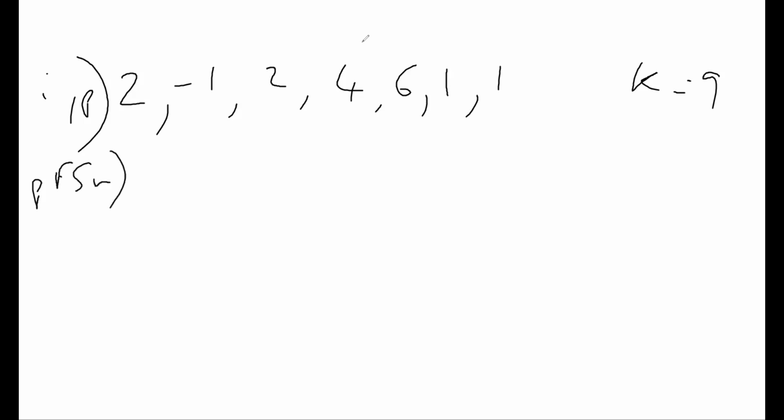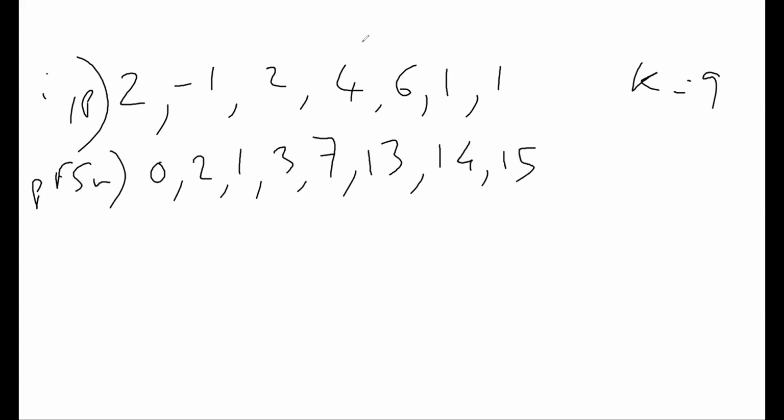For the prefix sum, I start with the first element as 0. Then the second will be 2, then 1, then 3, then 7, then 13, then 14, and then 15. These are my indexes for this prefix sum array: 0, 1, 2, 3, 4, 5, 6, and 7.